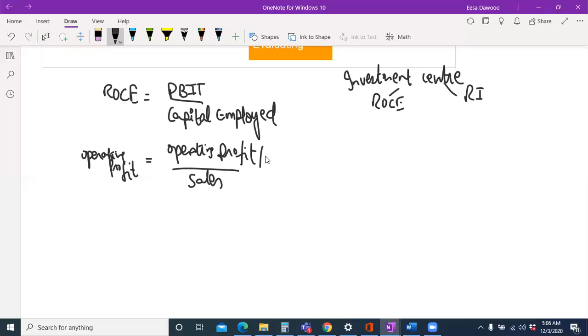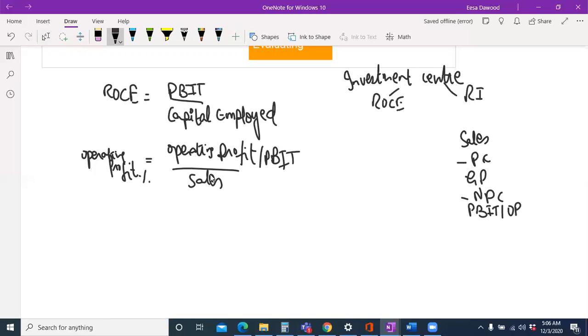And what is operating profit? Operating profit is profit before interest and tax. Let me revise. Sales less production cost gives you gross profit, and after deducting all total cost, production as well as non-production cost, what you get is profit before interest and tax, also known as your operating profit.